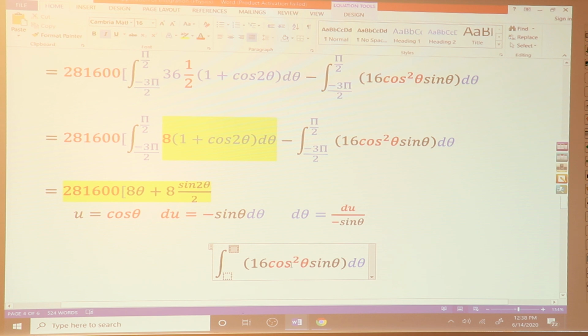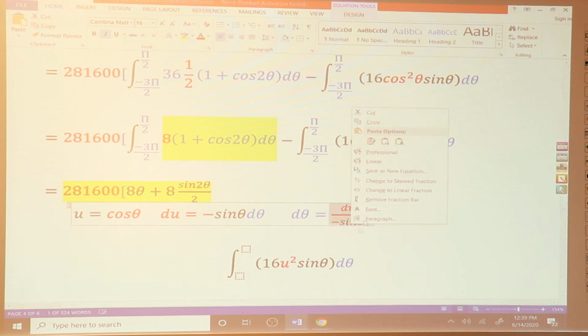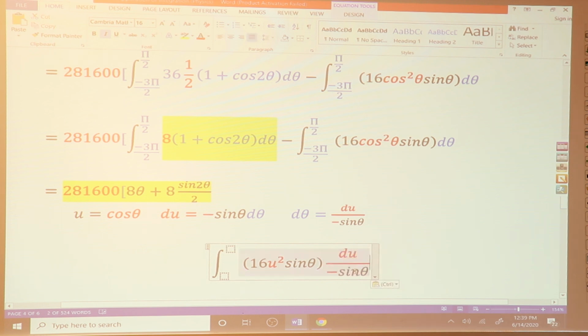This is 16 u squared, right guys? And you're going to finish it by yourself. Now if you need me to finish it, just send me a message. d theta equals du over negative sine theta, and this sine cancels.